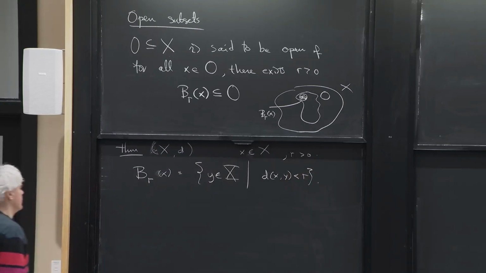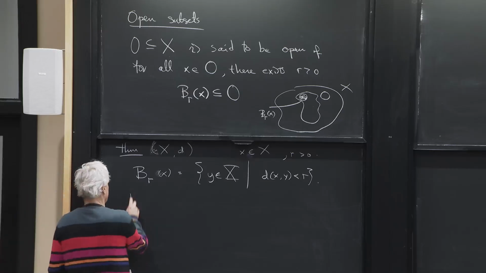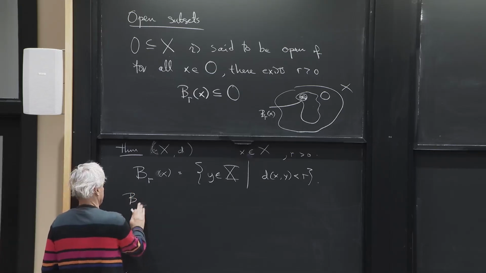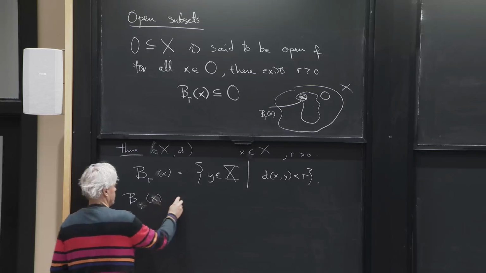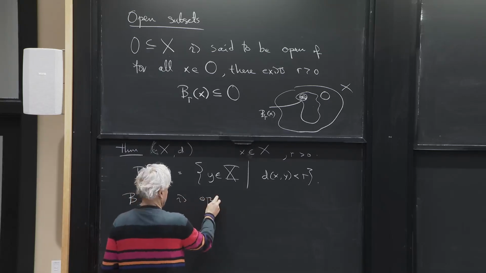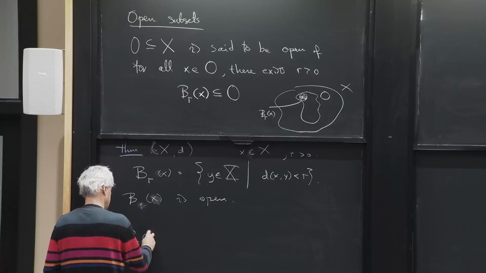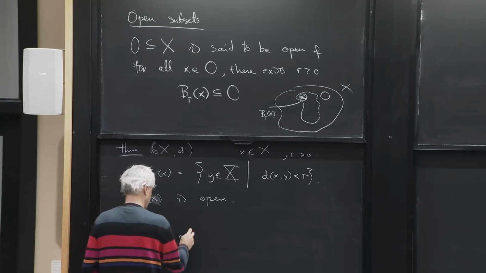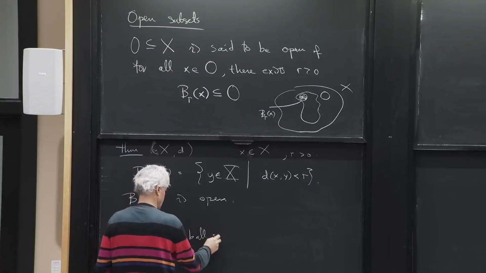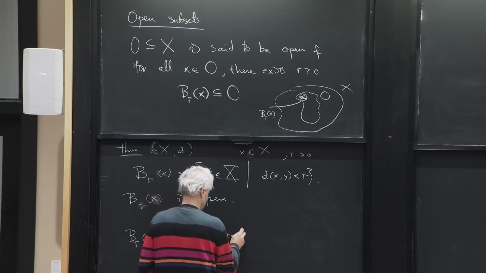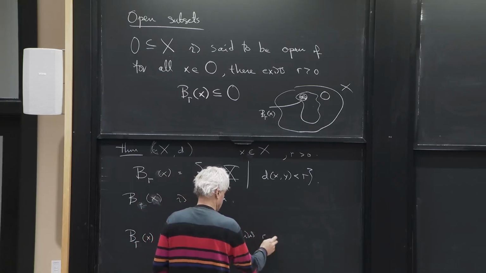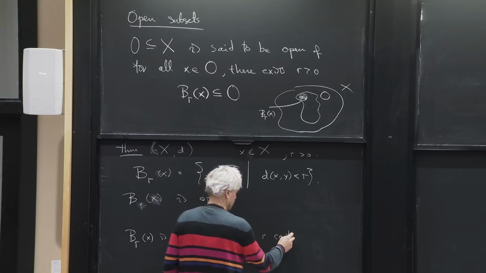And we showed that B_r(x) is open. We say that B_r(x) is a ball of radius r centered at x.